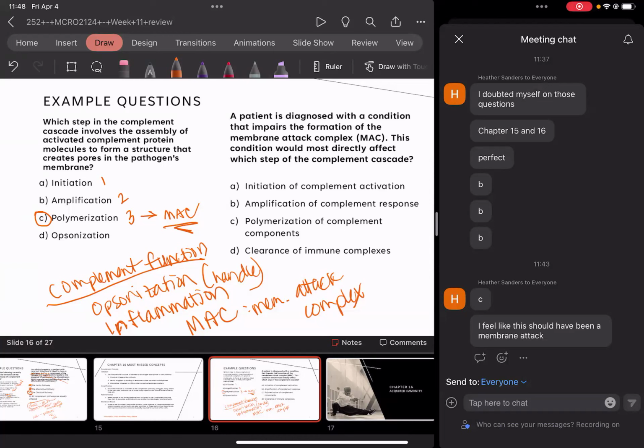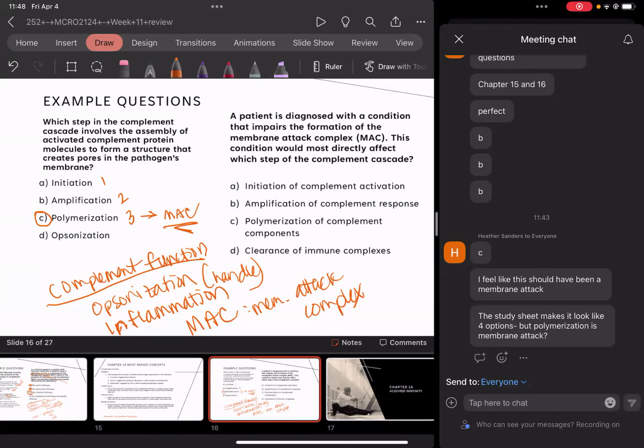Okay, the next question, does that make sense, at least how I got there? So, right. So what happens is you will, in the steps, so the 4 steps of complement activation are initiation. Well, I guess this is basically 3 steps, but the 4th step is membrane attack complex. But in order to make the membrane attack complex, you have to polymerize.